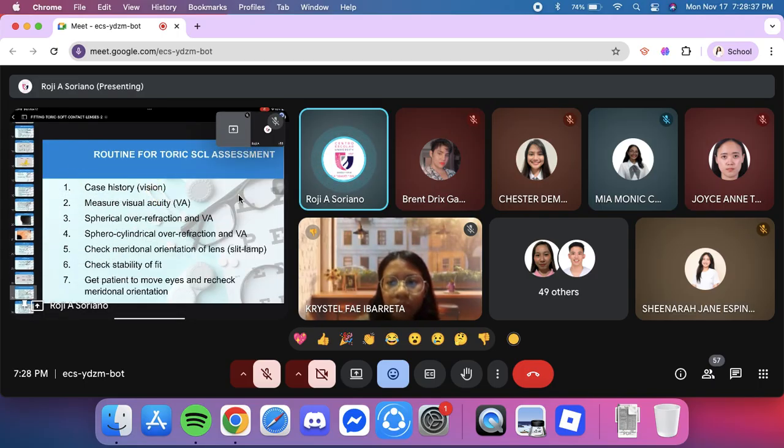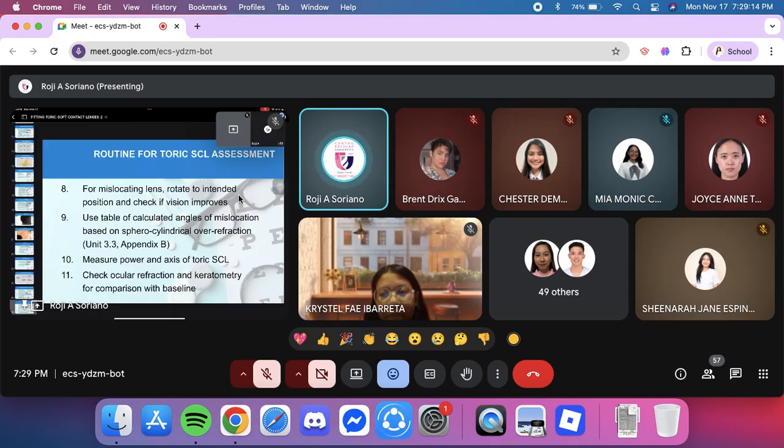Okay, let's do the routine for toric soft contact lens assessment. Of course, you have your case history, measure visual acuity, spherical over refraction NVA, spherocylindrical over refraction NVA, check meridional orientation of lens, making sure you understand GLARS or CATS, correct? Then check stability of fit, get the patient to move the eyes, and then recheck meridional orientation.